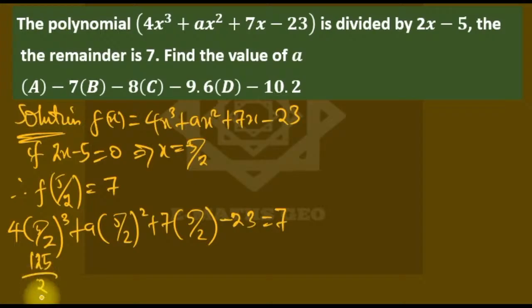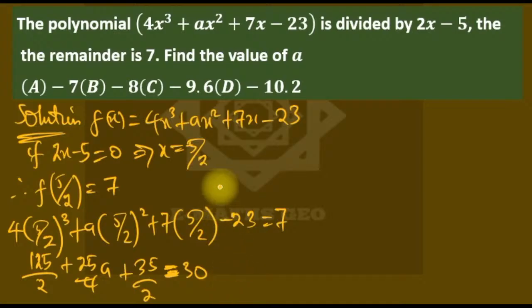This is 25a over 4, while this is 35 over 2. Let's move it, so it's now equal to 30. I moved minus 23 to the other side to be plus 23.